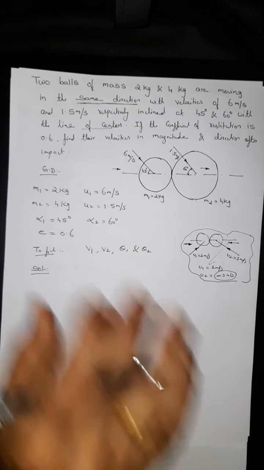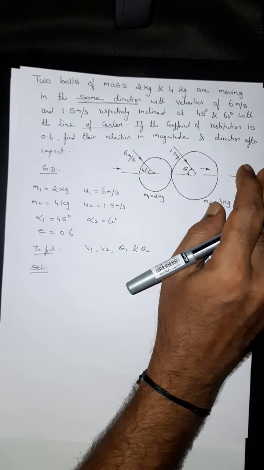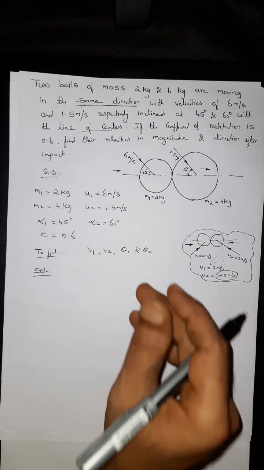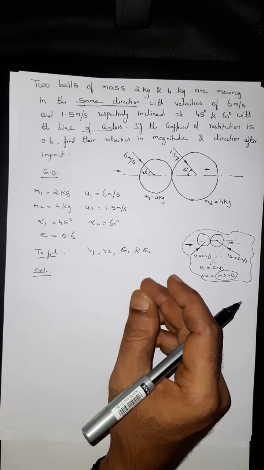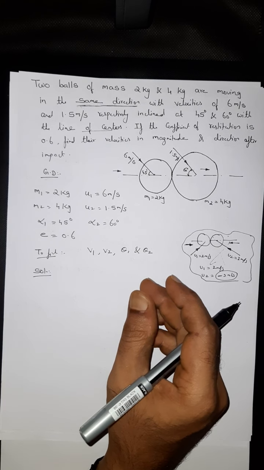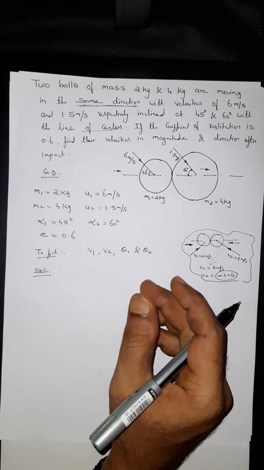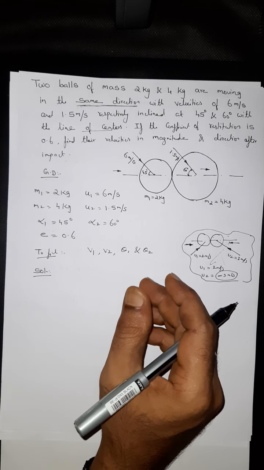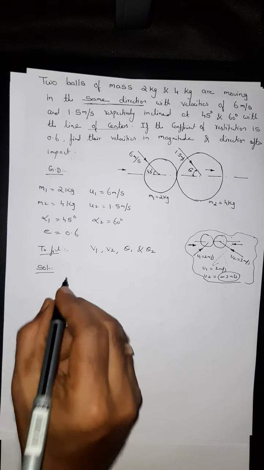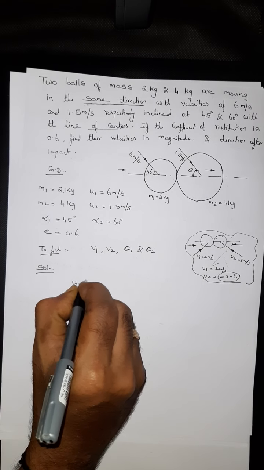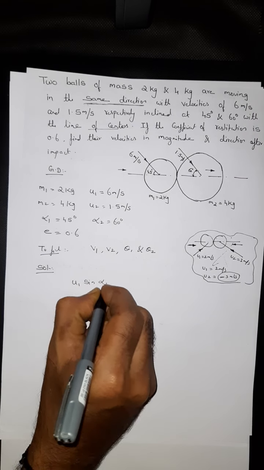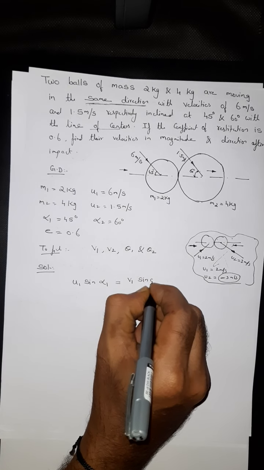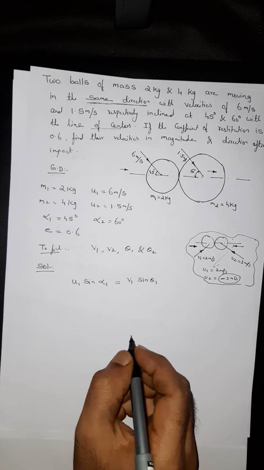Solution. I taught you three formulas. The first one is by applying the law of conservation of momentum, the second is Newton's law of collision, and the third one is the vertical components, which can be mentioned as u1 sine alpha 1 equal to v1 sine theta 1.